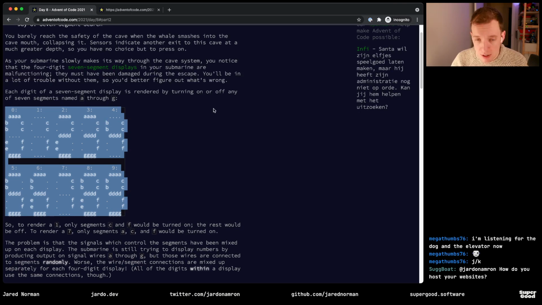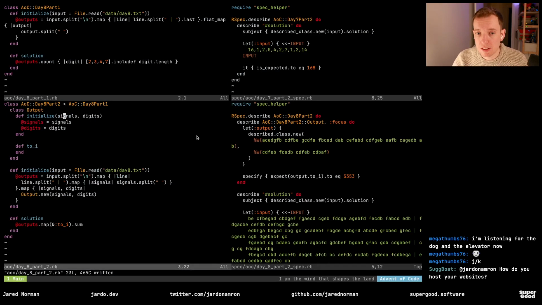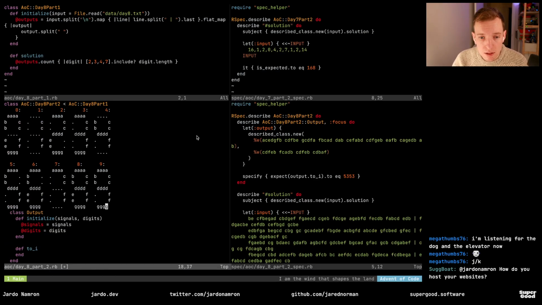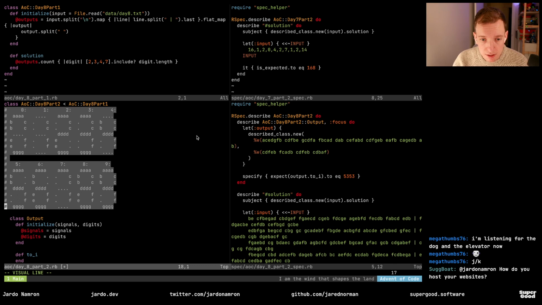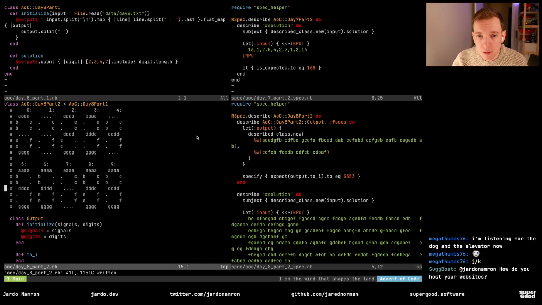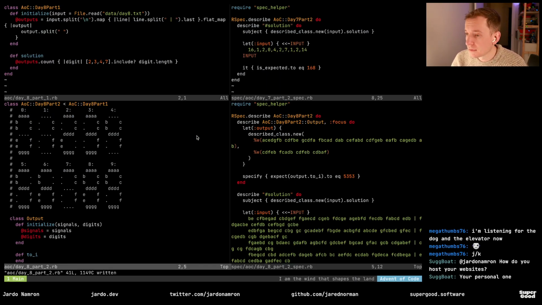How do I host my websites? I mean, it depends on the kind of website. I host some things on Heroku, host some things on AWS, I use Netlify for some things. Really depends on what kind of site it is. Personal one's on Netlify. It's just a Gatsby application. Gatsby project, I don't know if you want to call it an application.